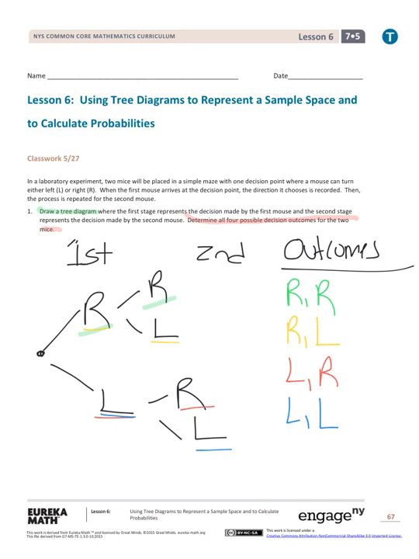Now at each point, there's a 50% chance the mouse can go right, and there's a 50% chance the mouse could go left. So what I'm going to do next is add 0.5 under each of these decisions. So I'm going to add 0.5 under the right, the R, and 0.5 under the left, just to represent that the mouse can either go right or left, and there's a 50% chance for either option.